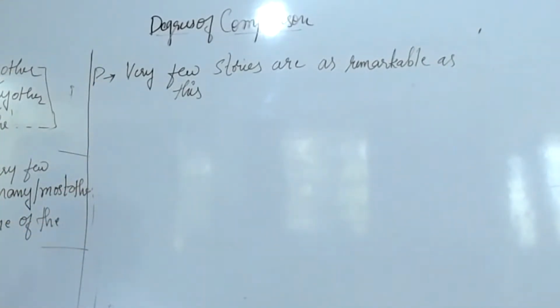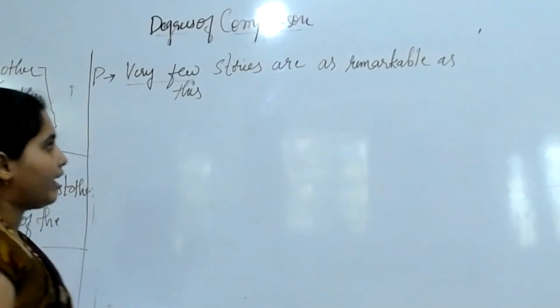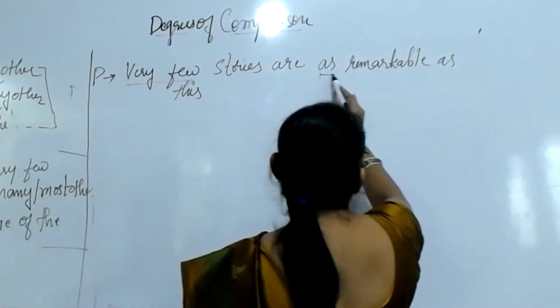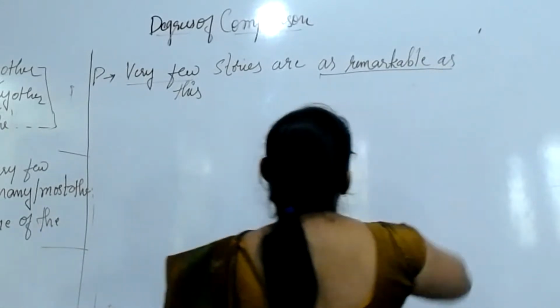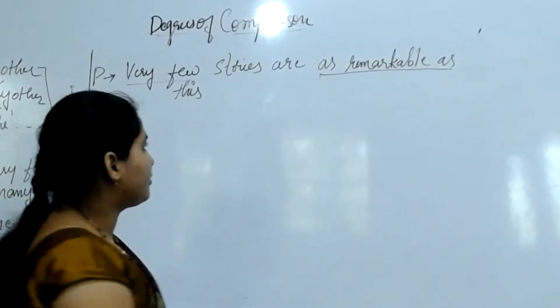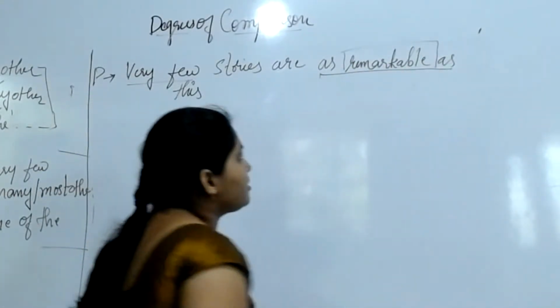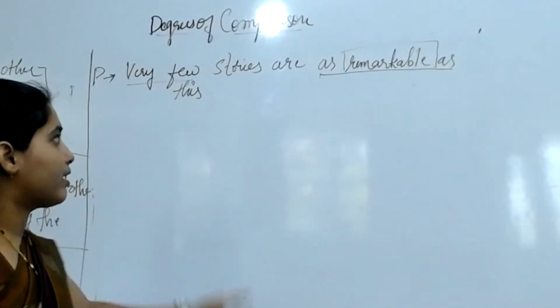Very few stories are as remarkable as this. So if the sentence starts with very few and as, adjective plus as. Okay, so this is a long adjective. It has more than 2 syllables.